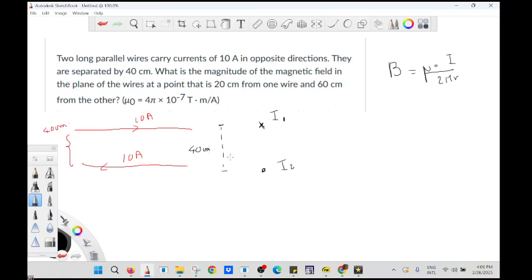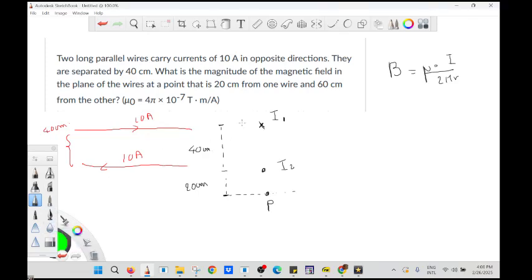And you want 20 centimeters. Okay, so let's say this is 20 centimeters. So you want, for example, at a point here, P, okay? So that point P is 20 centimeters from I2, 60 centimeters from I1.